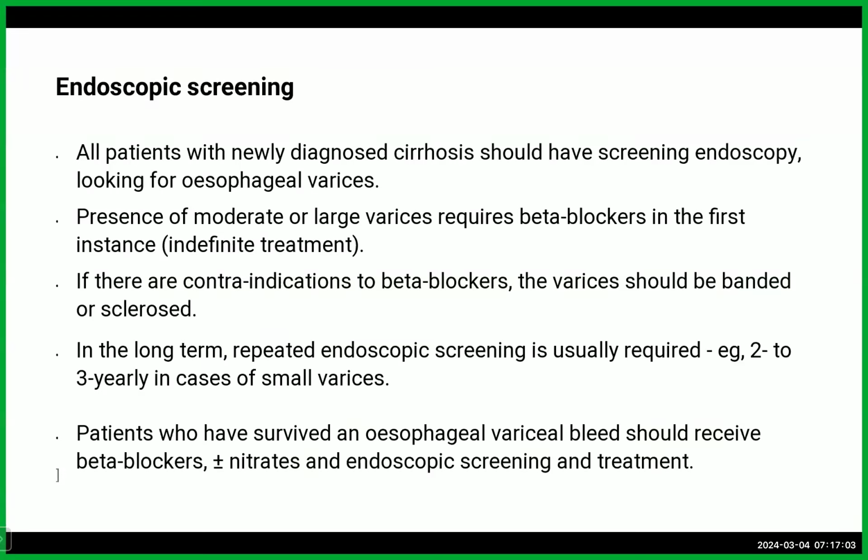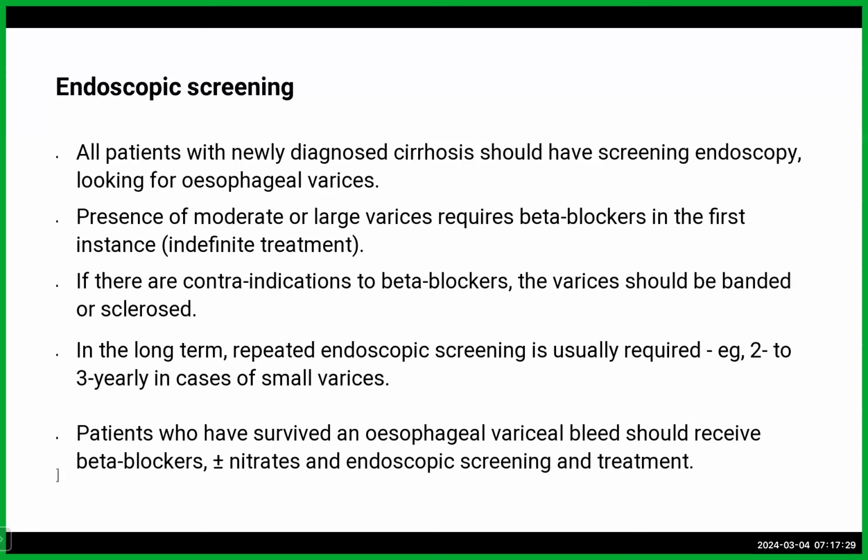But for all cases of newly diagnosed cirrhosis, screening endoscopy is advised, looking for esophageal varices. The presence of moderate or large varices requires a beta blocker in the first instance, and if there are contraindications to beta blockers, the varices could be banded or sclerosed.